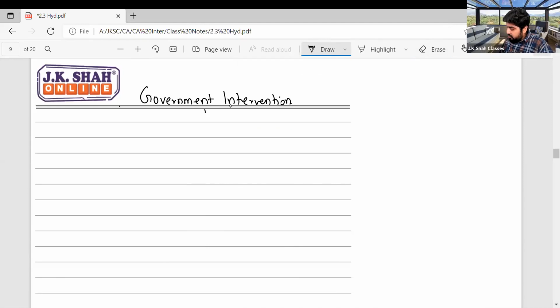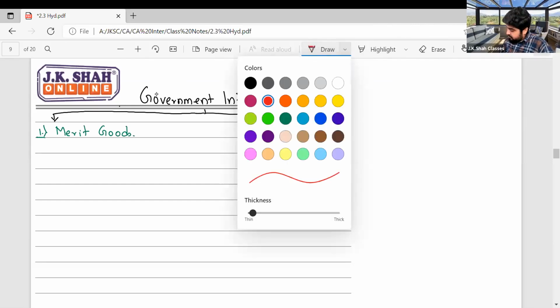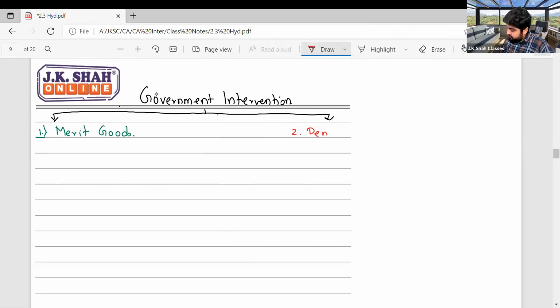Now, when we are talking about government intervention, we are going to talk about two different types of goods. One is merit goods. Second one is demerit goods.